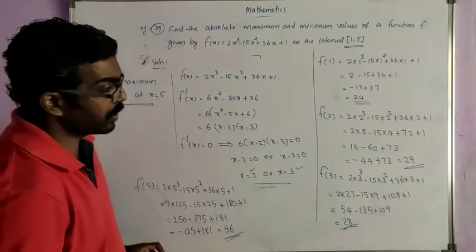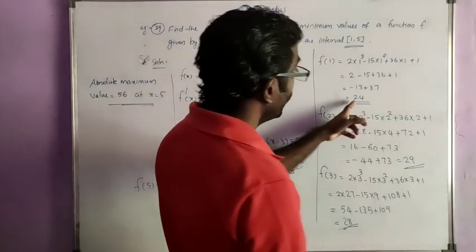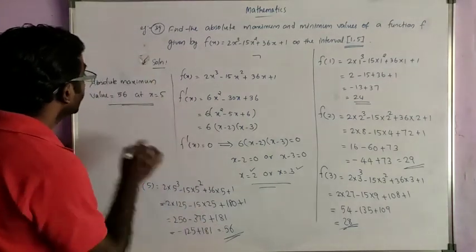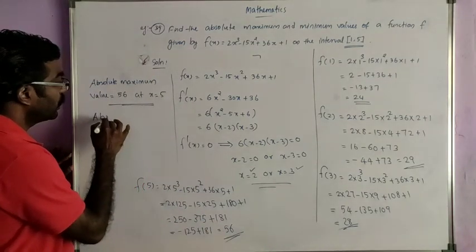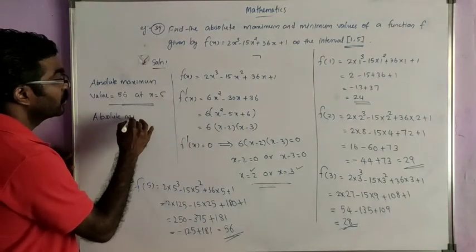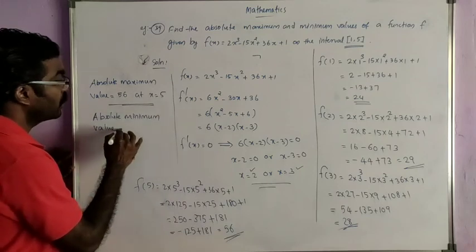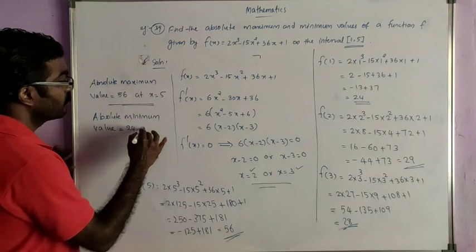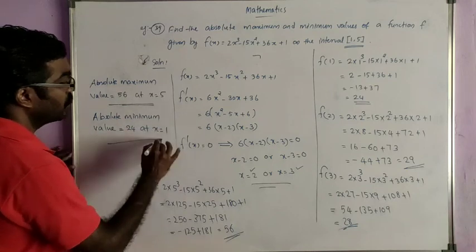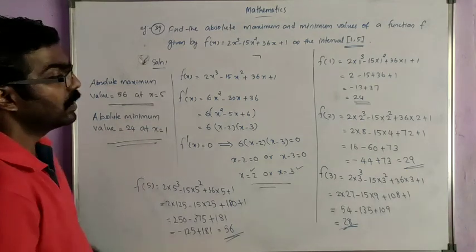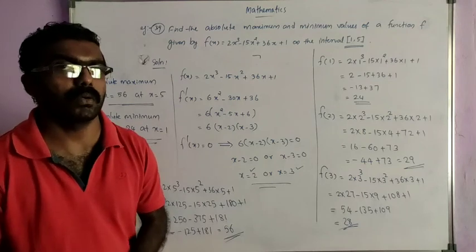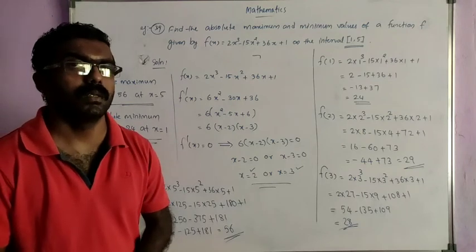And what is the minimum value? Here the least value is 24 at x equal to 1. So the absolute minimum value is 24 at x equal to 1. In such a manner you can solve each and every problem.